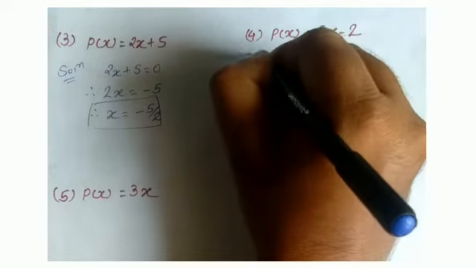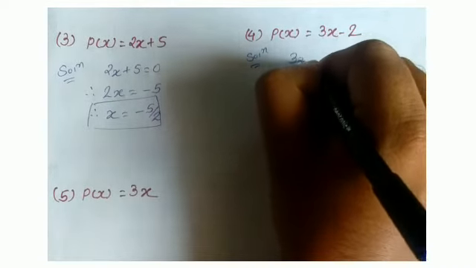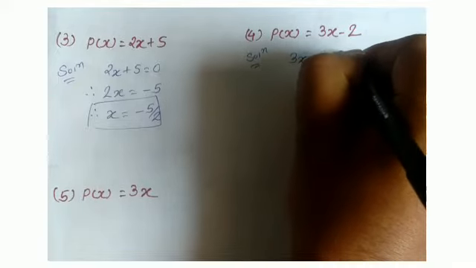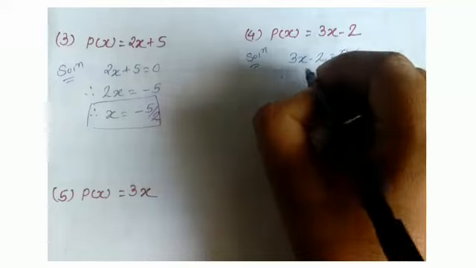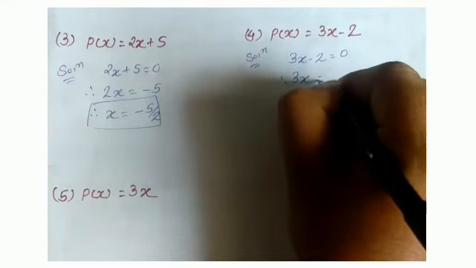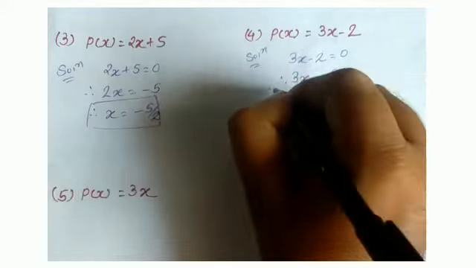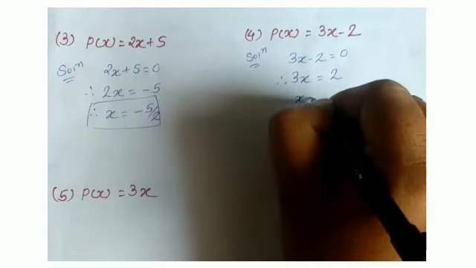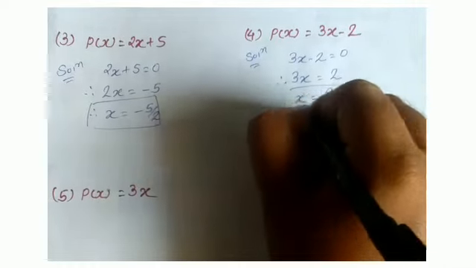So minus 5 by 2 is the zero of our polynomial. Now the fourth one is 3x minus 2 equal to 0. Same as this. So 3x is equal to, here minus 2, so we can write plus 2. Therefore the zero of this polynomial is equal to 2 by 3.